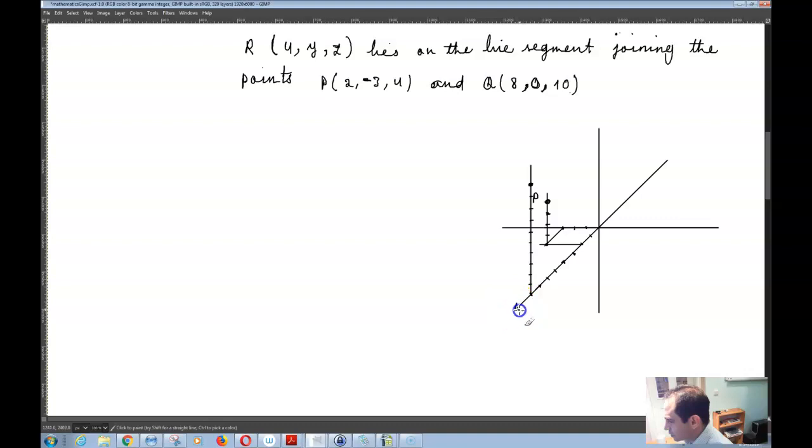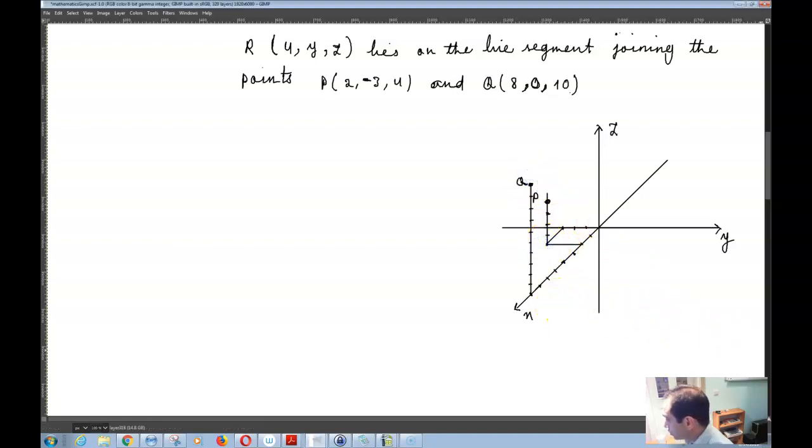So this is the x-axis, this is the y-axis, and this is the z-axis. And this point is Q.